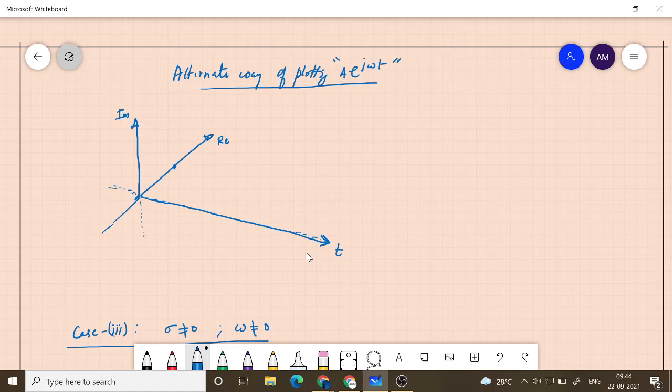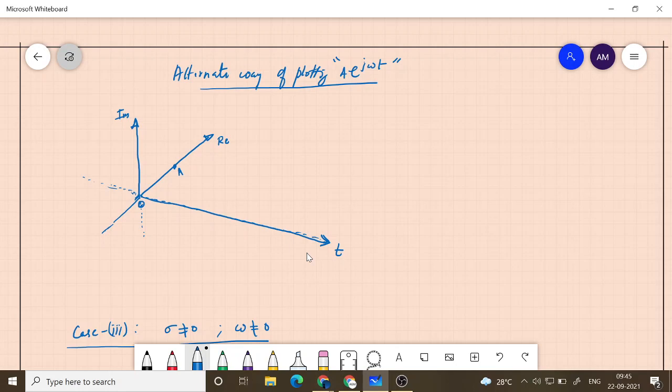So this is negative values of time here, positive values of time. This is my origin. At t equal to 0, the exponential part is 1 and it will be multiplied with A, so you have A here. So that is one point. I am assuming omega positive.